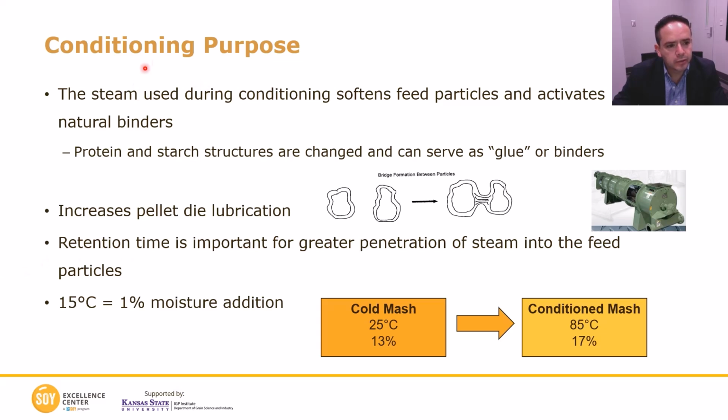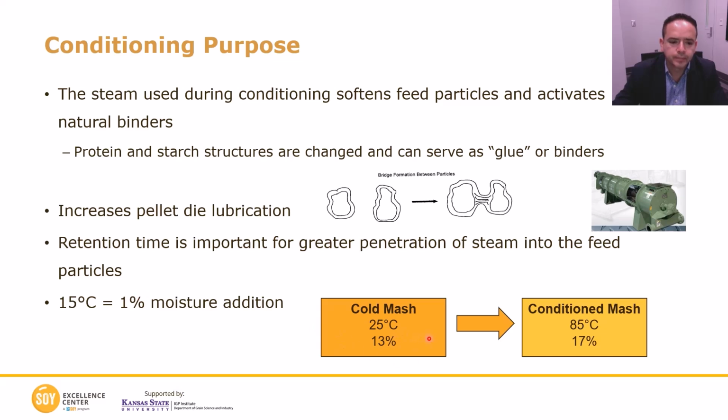Also, when you are conditioning diets, retention time is very important because this will allow for greater steam penetration into feed particles. Typically, as a rule of thumb, for every 15 Celsius degrees that you increase the temperature of the meal, you are going to add 1% moisture.